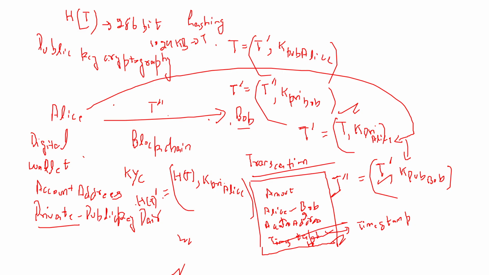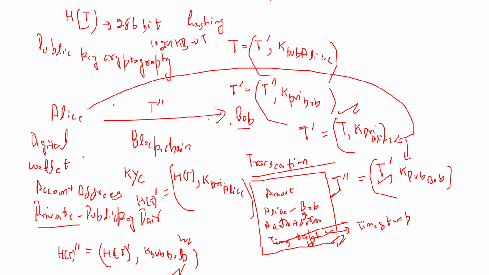This encrypted hash value is then encrypted with the public key of Bob, and let us call it HT double dash.